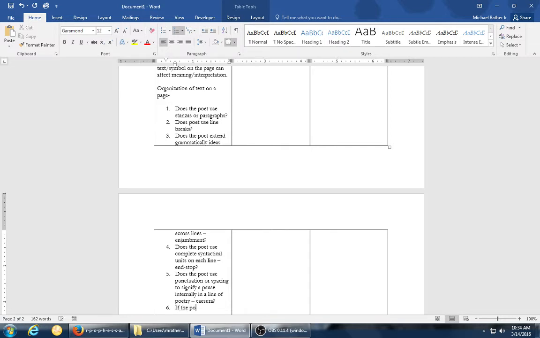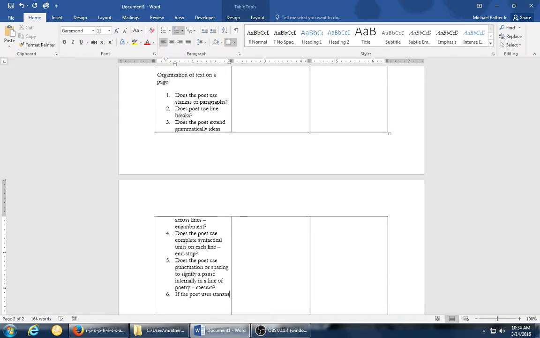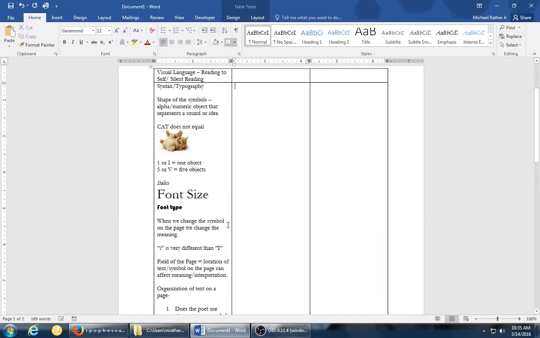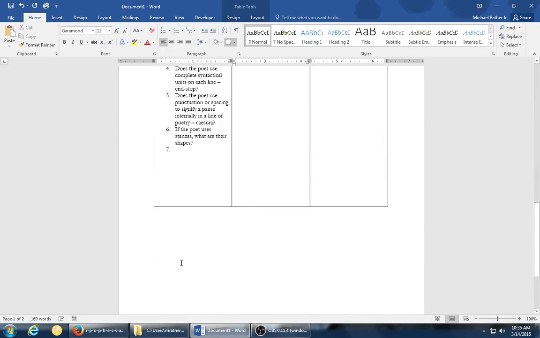If the poet uses stanzas, what are their shapes? And then you have the different types of stanzas, right?